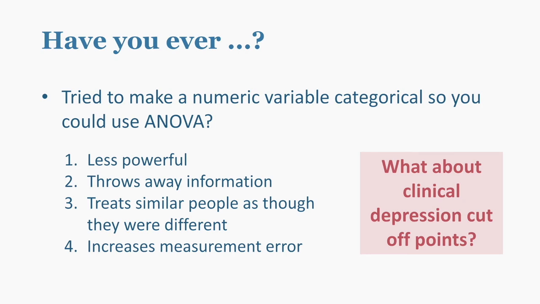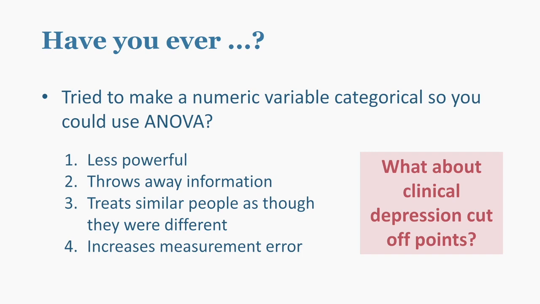Okay, in another situation, maybe you've also thought about or actually tried making a numerical variable categorical so that you could use an ANOVA. So for example, think clinical depression cutoff points, or maybe you had a continuous variable for age and you wanted to split it into a young and old category. But typically doing this is not recommended for a number of reasons.